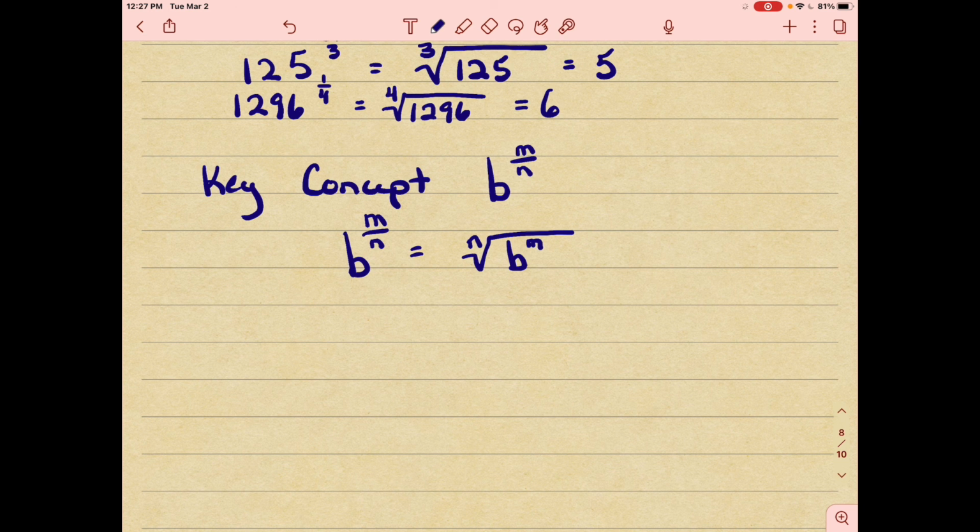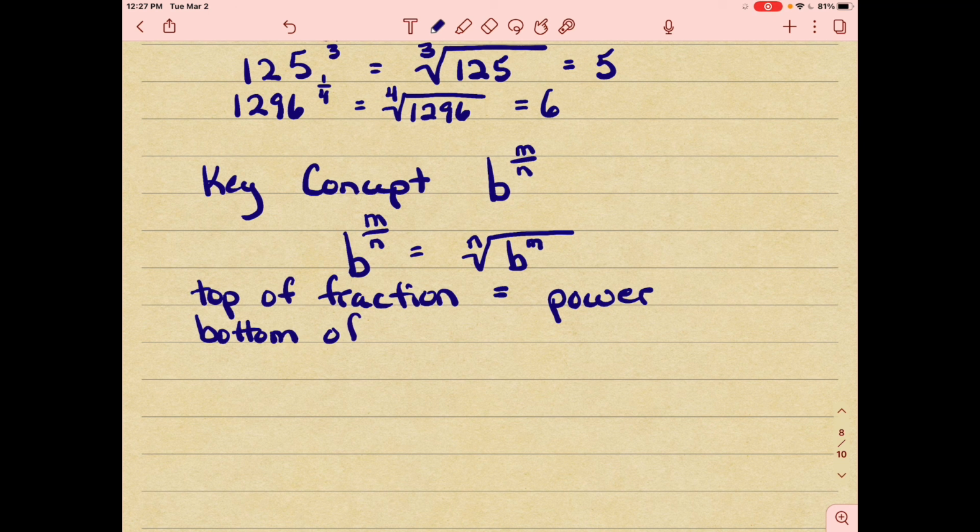So the top of the fraction equals the power. I'm going to call it the power even though I don't think that's actually technically correct to say that. That's the exponent, right? The bottom of the fraction is the root.